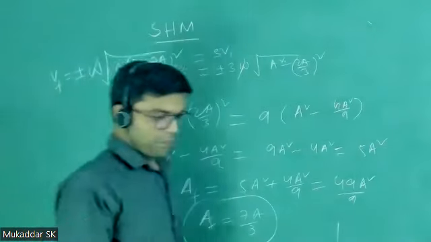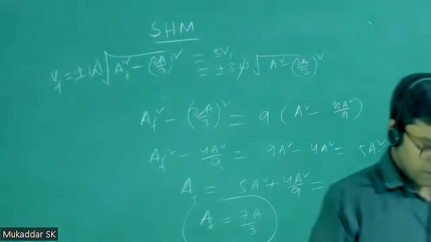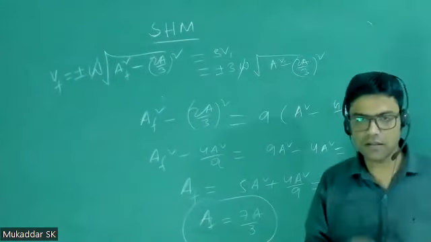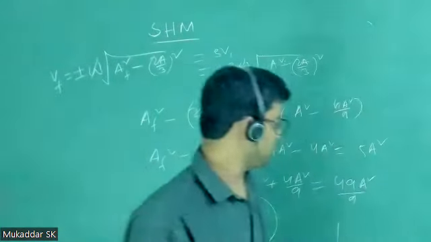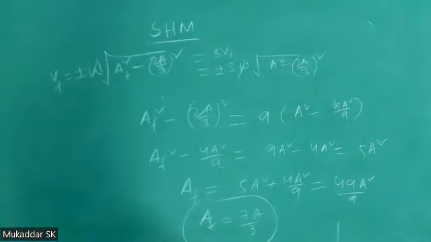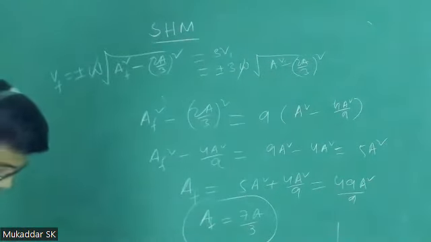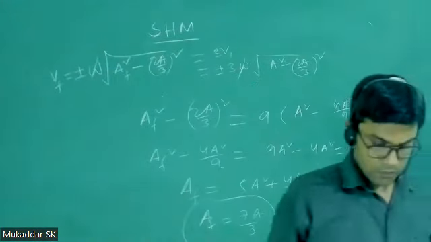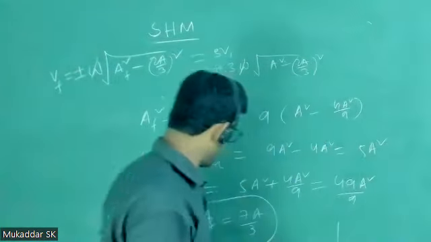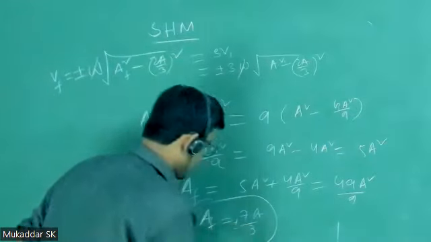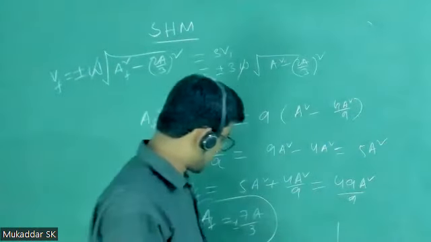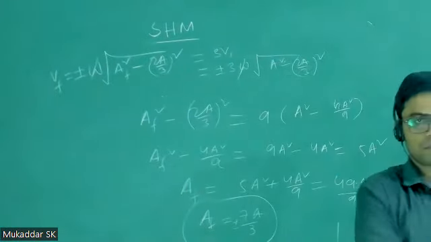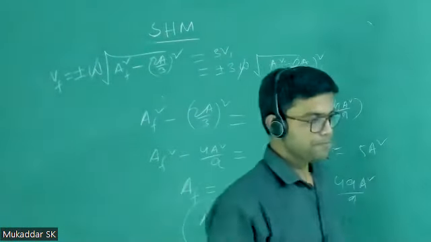So this is the new amplitude of oscillation when the velocity at position 2a by 3 becomes 3 times the initial velocity. Plus or minus will come, right? You can take plus minus. Then in the positive extreme position, that will be 7a by 3, and in the negative, minus 7a by 3. Okay.